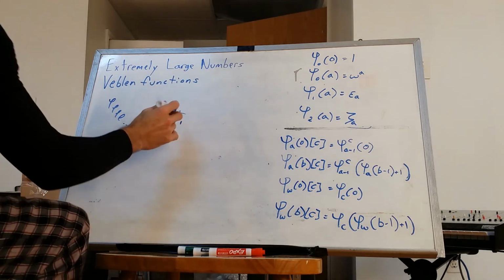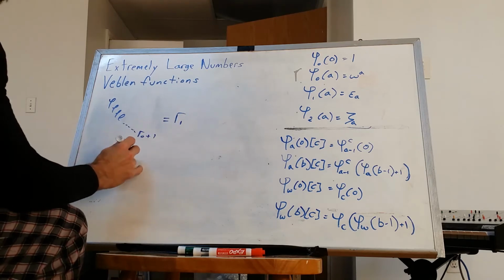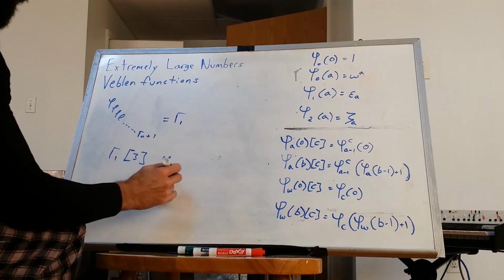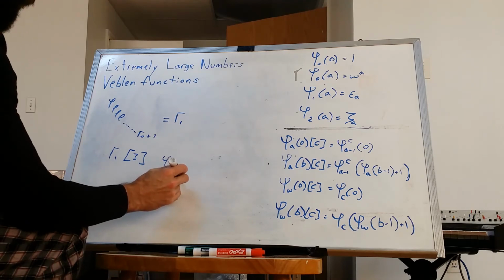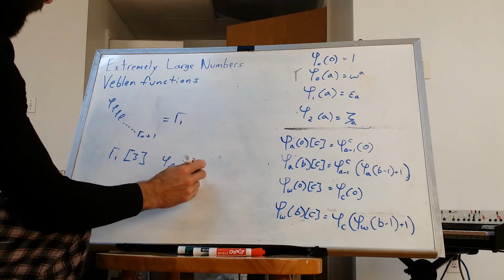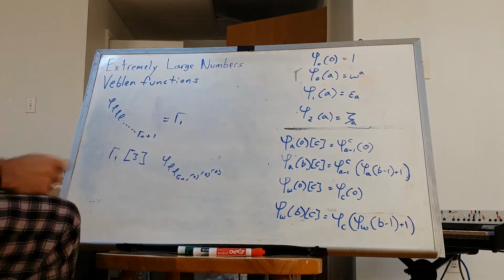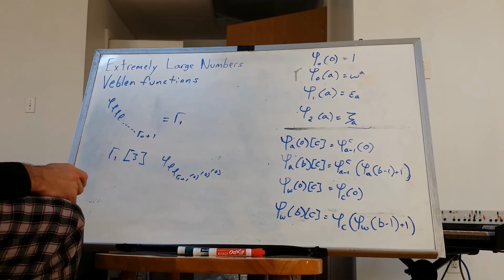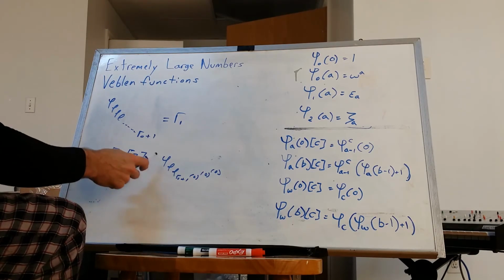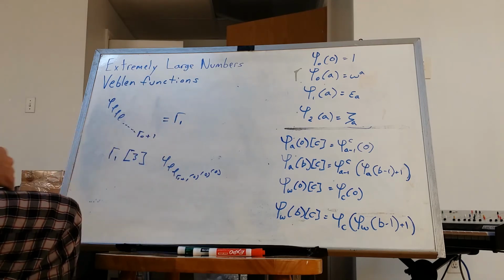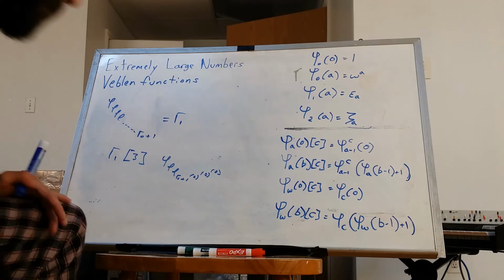If we wanted to diagonalize that, gamma 1 diagonalized to 3 would just be 3 copies of the phi function with gamma naught plus 1, and then each one of these is the 0th fixed point. So it's the same type of thing as when we did epsilon 1 or zeta 1. You just do the 3 copies of the function, and then you just add the 1 to escape the fixed point trap. Same basic thing.